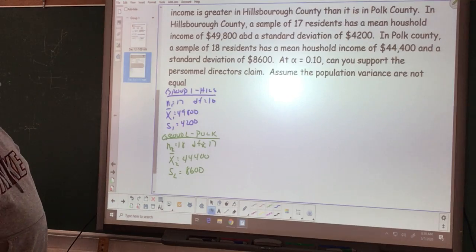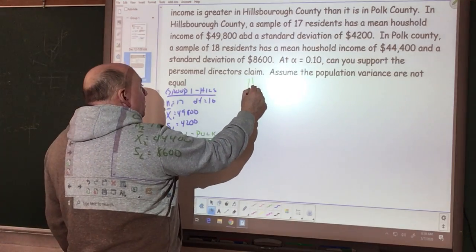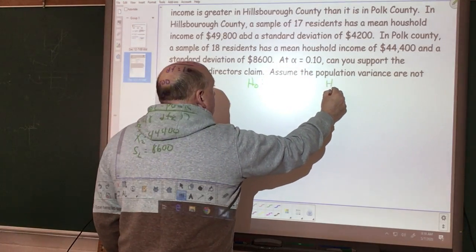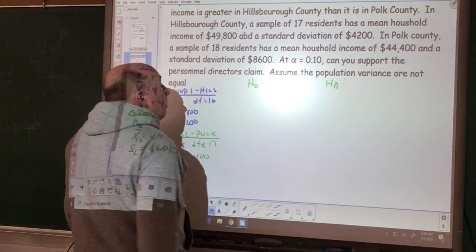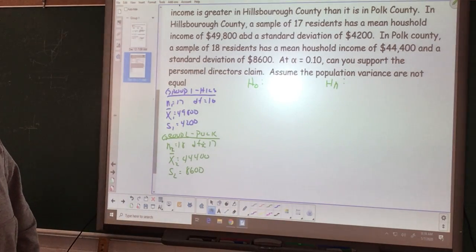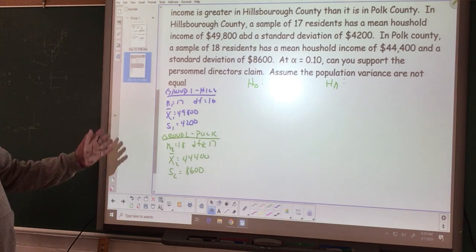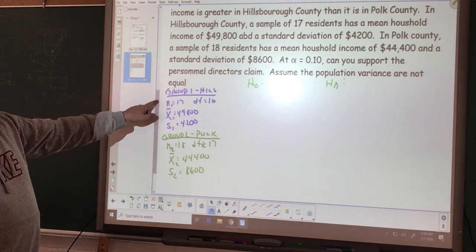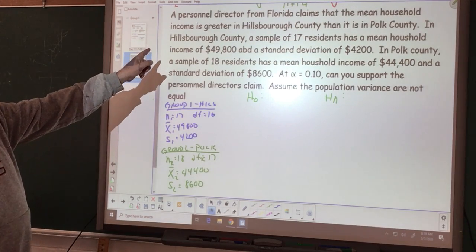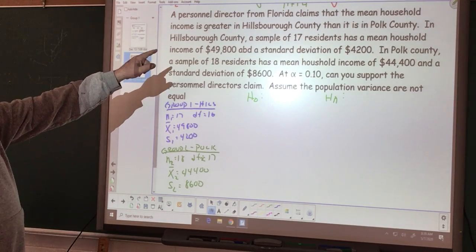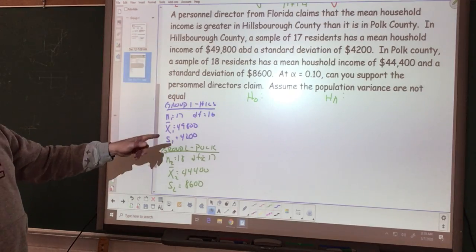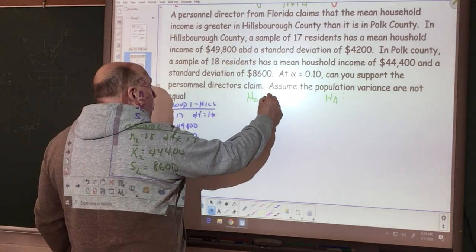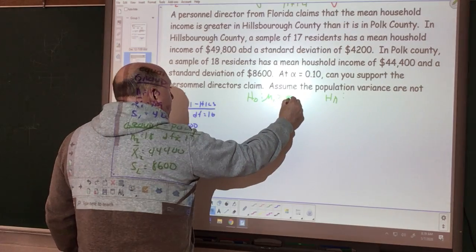Okay, we have to do a null and alternate hypothesis. We have one greater than the other. Hillsborough is greater than Polk, so I'm going to go mu1 is greater than mu2.